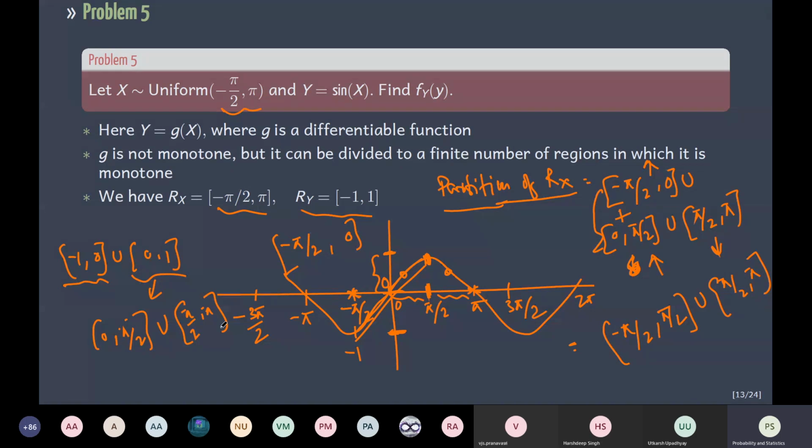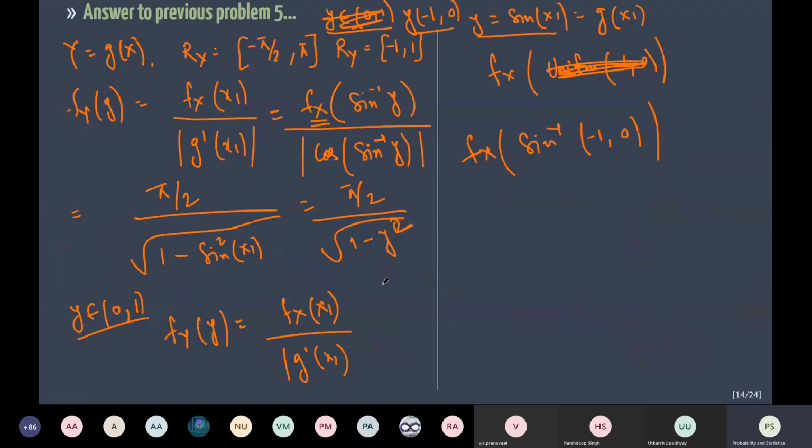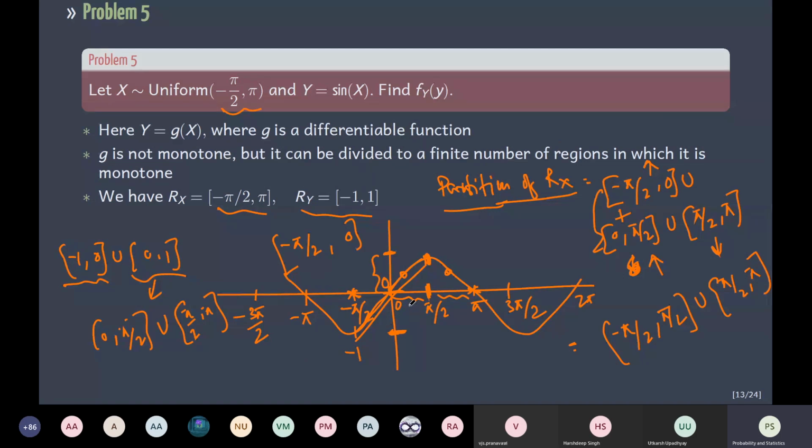So for y in 0, 1 I have the two partitions here: x1, which is this part, and x2, which is this part.